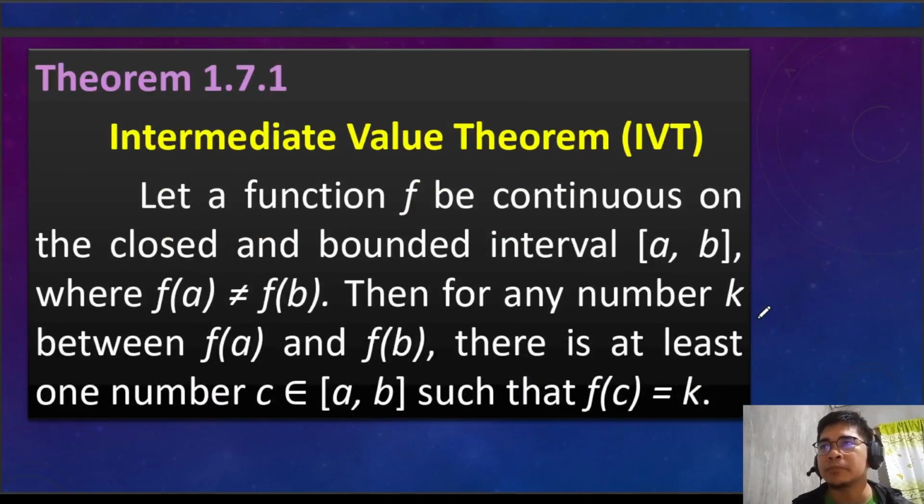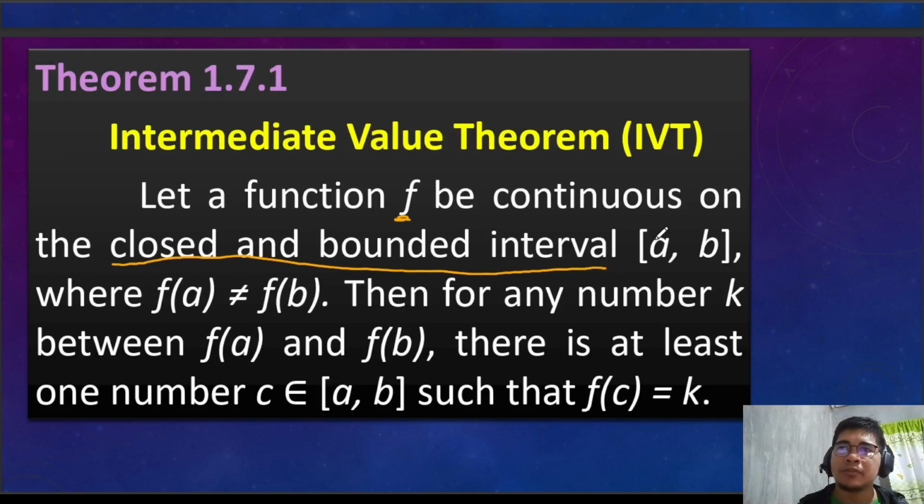This is the definition. Intermediate value theorem. Let a function f be continuous on the closed and bounded interval. So this is only applicable for a closed and bounded interval. We have it here, closed and bounded interval a b, where f of a is not equal to f of b. So the endpoints are not the same.